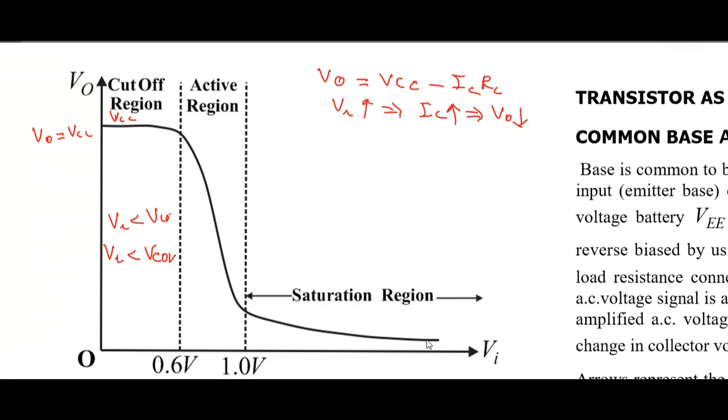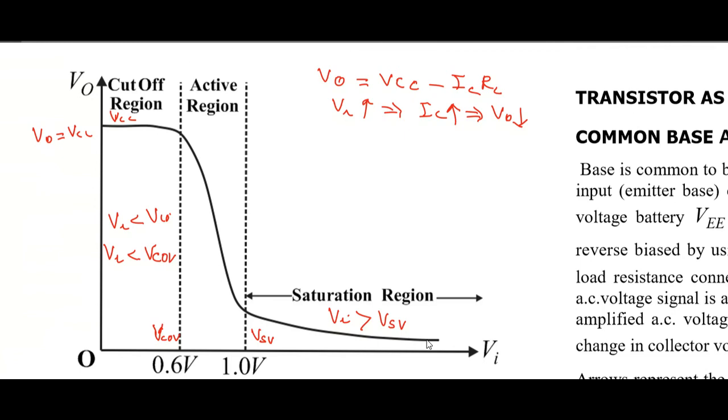Saturation region is when VI is larger than VSV, the saturation voltage. S stands for saturation and V stands for voltage. VI is more than VSV, and this is the cutoff voltage, VCOV.